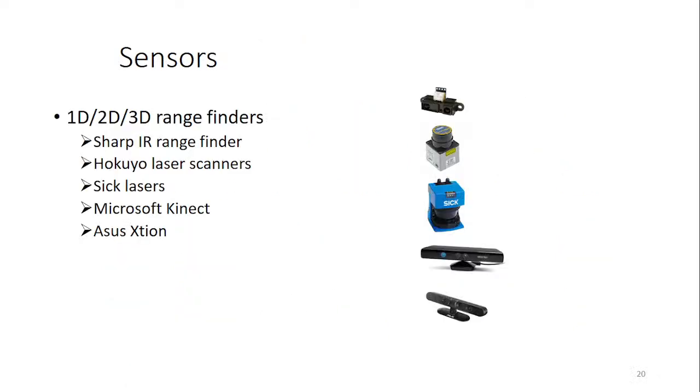Then the different sensors that are used in ROS: 1D and 2D rangefinders, Sharp IR rangefinders, Hokuyo laser scanners, SICK lasers, Microsoft Kinect sensors, Asus Xtion. These are different types of range finding sensors.